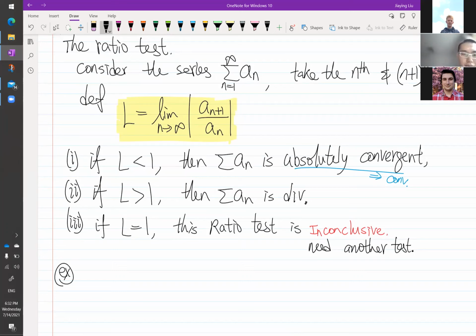The first example I'm going to use is the series from n equals 1 to infinity of (n+1) in the numerator over (n+7) in the denominator. We want to know if this is convergent or divergent. If it's convergent, perhaps we can figure out whether it's absolutely convergent or not, right? So I'm going to try to apply this ratio test here.